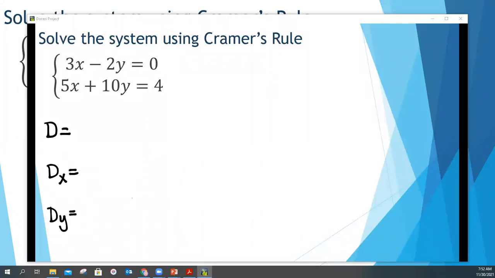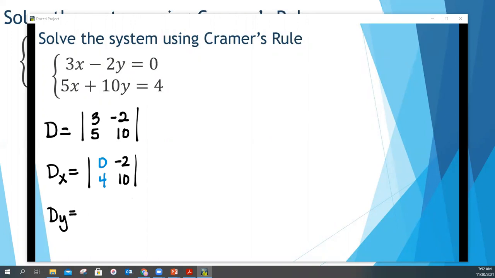Okay, so for our first matrices, we're only using the coefficients of x and y. So that would be 3, 5, -2, 10. For our dx matrices, we're keeping the y column, but then putting a 0, 4 in the position for x.